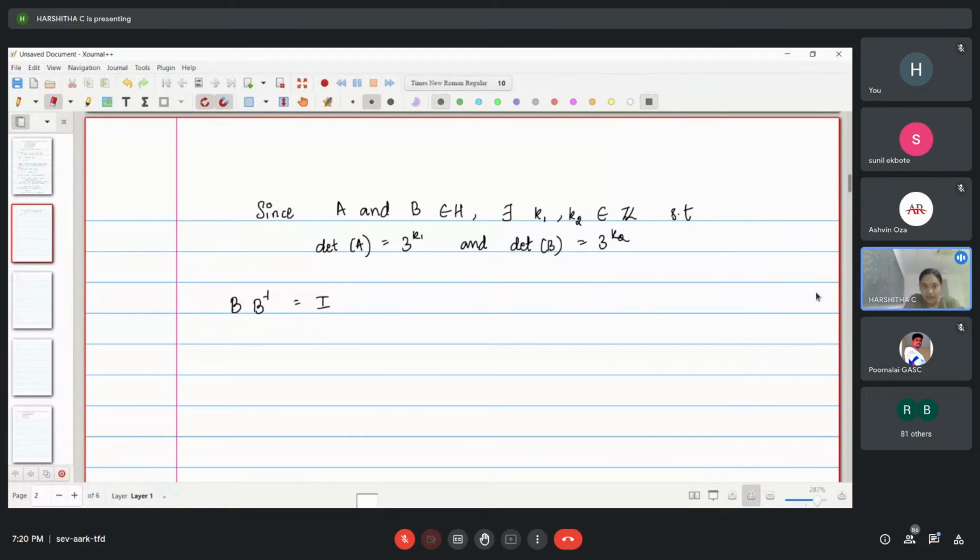If you look at the previous fact that we saw, for two matrices, the determinant of the product of matrices becomes the product of determinants. So what do we get? Determinant of B times B inverse equals determinant of the identity matrix. So I is the identity matrix.